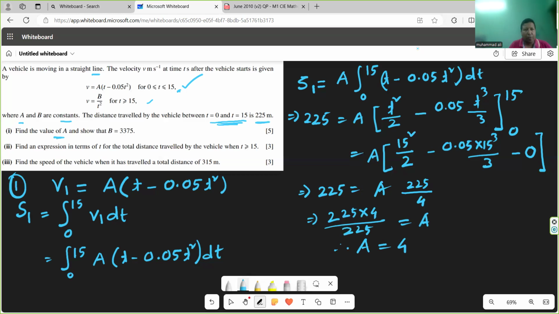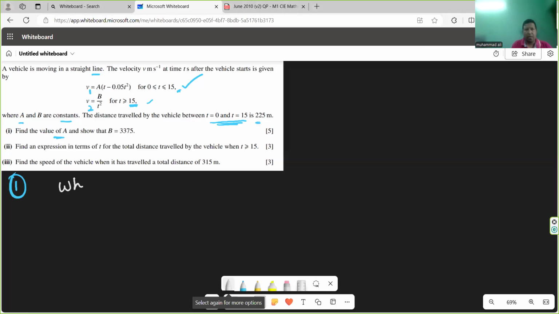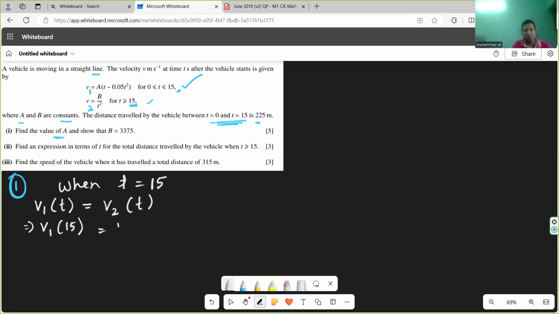Now, when t equals 15, v1 and v2 are equal. When t equals 15, the first velocity we mentioned, v1(t), equals v2(t).